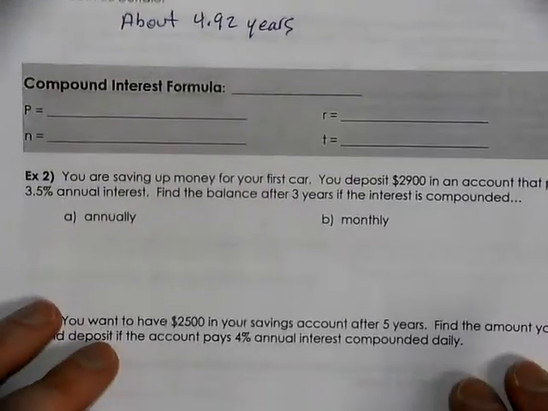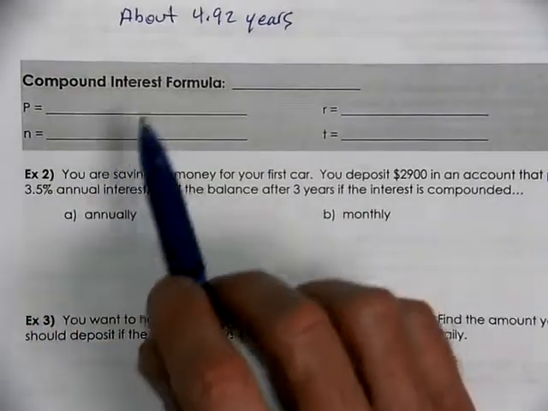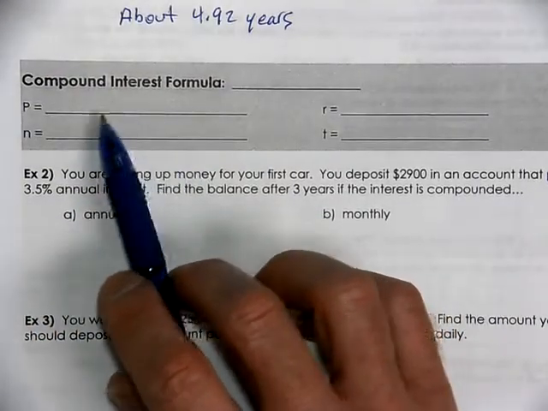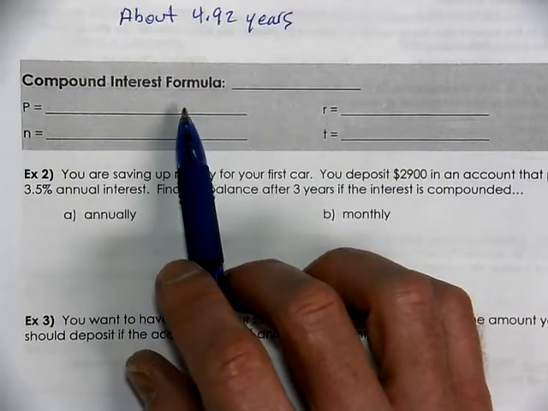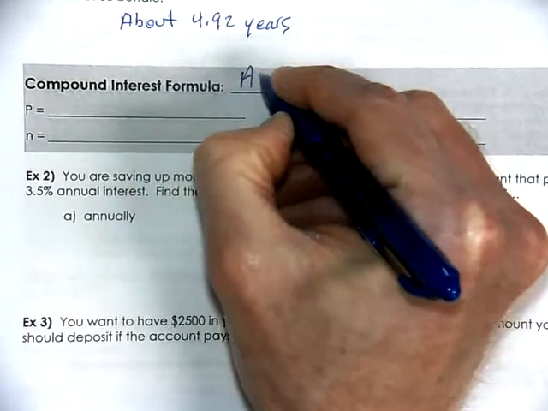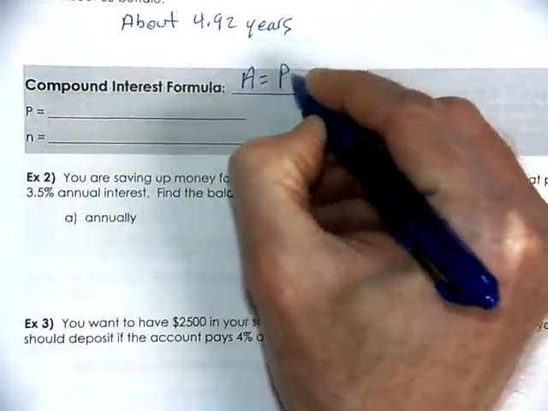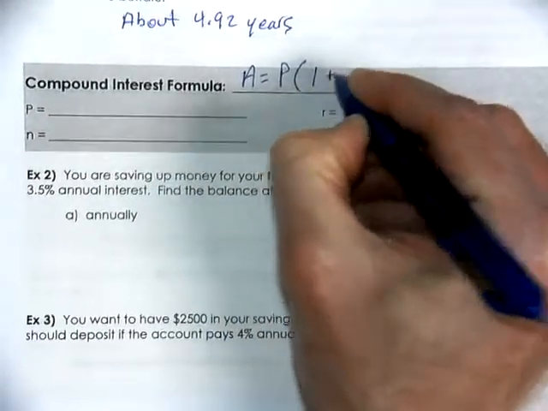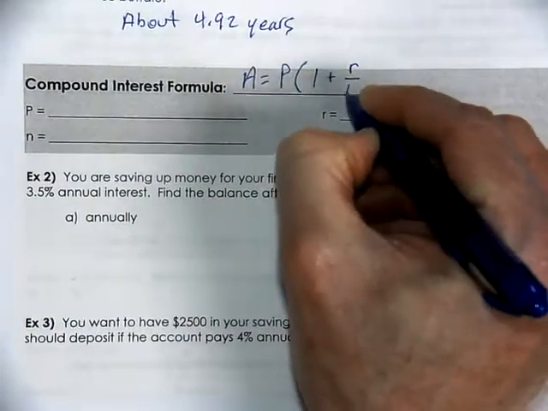Next, we're going to talk about compound interest. This can get a little complicated. Compound interest typically happens when we're dealing with money, and we're investing money and we're making money off that investment. Our compound interest is going to be 1 plus r over n.